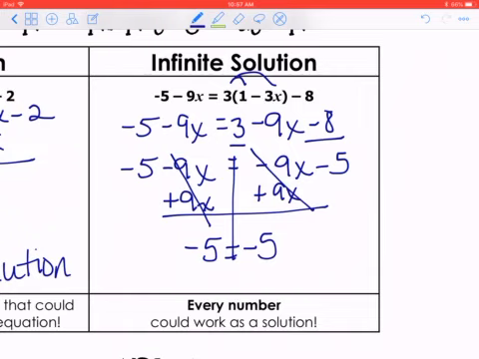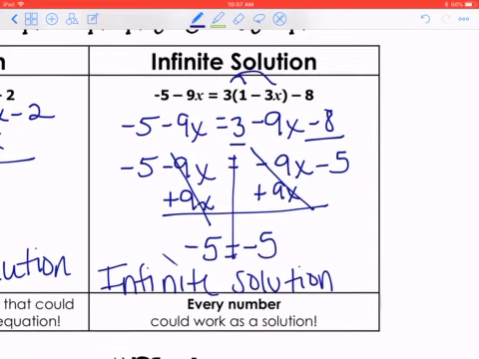That is a true statement. So you'd write infinite, I'm going to spell this right, infinite solutions, which is also written like this with the infinity sign.